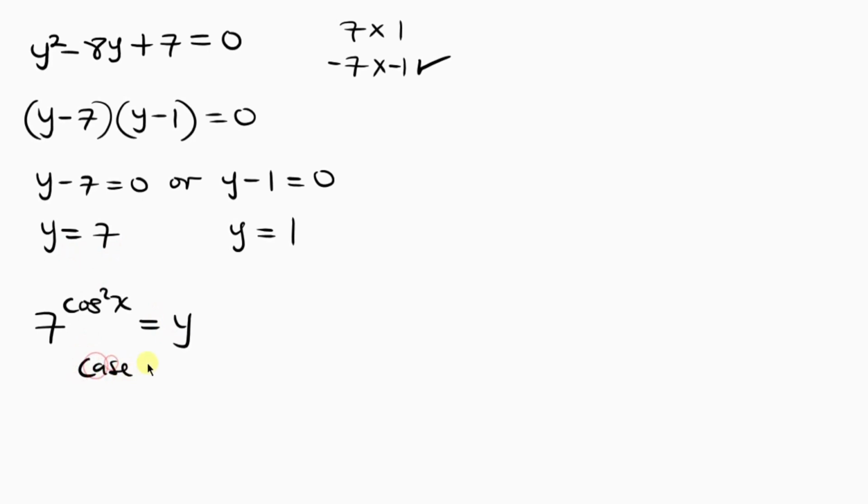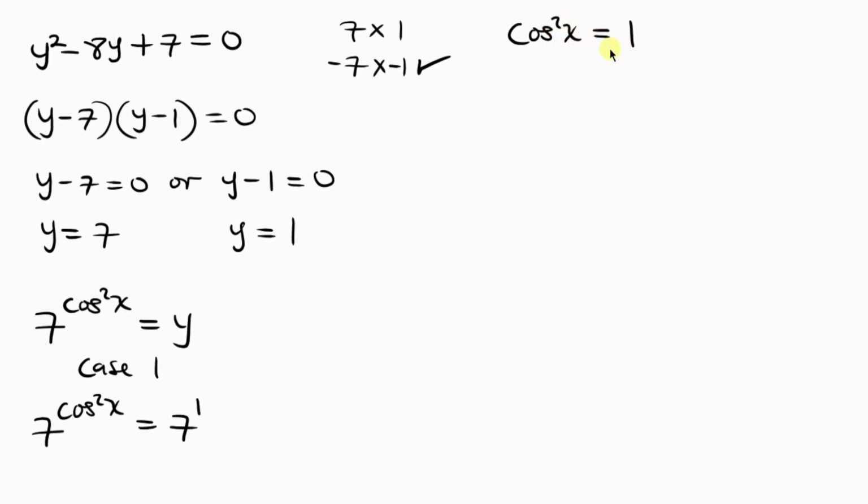So this is 7 to the power of cos squared x equal to y. What is y for our first case? y for our first case is 7. So I'm going to be putting 7 there. Since this one has an exponent, this one also has an exponent of 1. Now, since the bases are the same, we can equate the powers by saying cos squared x is equal to 1. That's equating the powers.